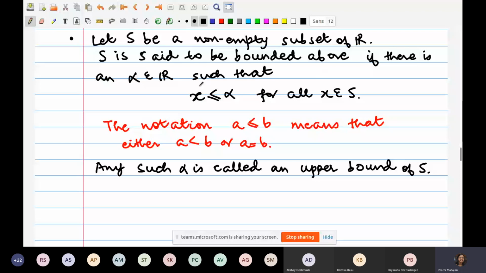Whenever I can find an alpha satisfying this condition, then we say that the set S is bounded above, and any such alpha is called an upper bound of S.